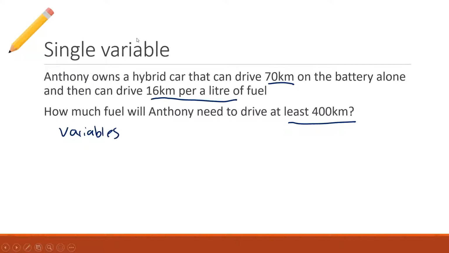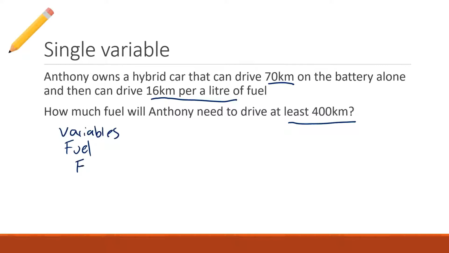What's something that does get changed in this question? The liters of fuel. Yeah, so we've got the amount of fuel. That is definitely one of our variables. That is something that can change. We're going to use the symbol F for fuel.